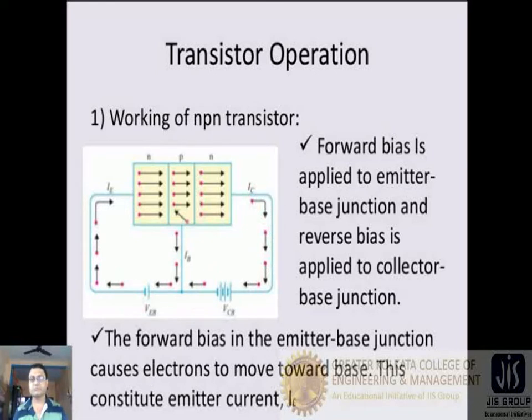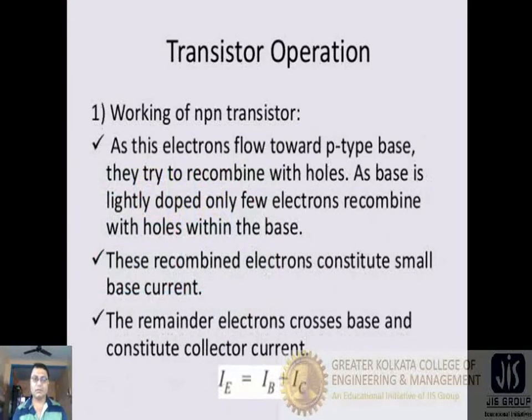That is why the emitter base junction is forward biased and the collector base junction is reverse biased. The forward bias in the emitter base junction causes electrons to move towards the base. This constitutes the emitter current IE. As the electrons flow towards the p-type base, they try to recombine with holes, but as the base is lightly doped, only a few electrons recombine with holes within the base.